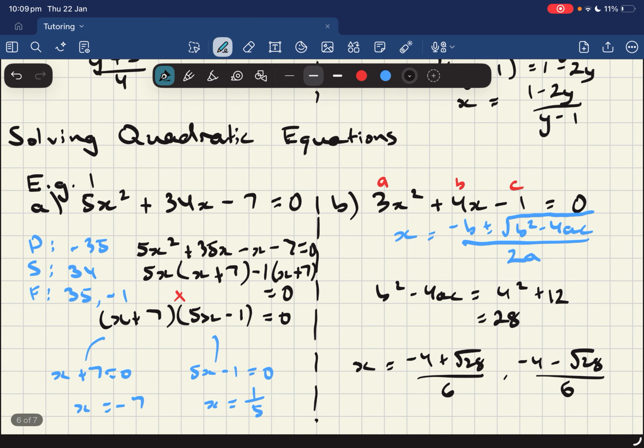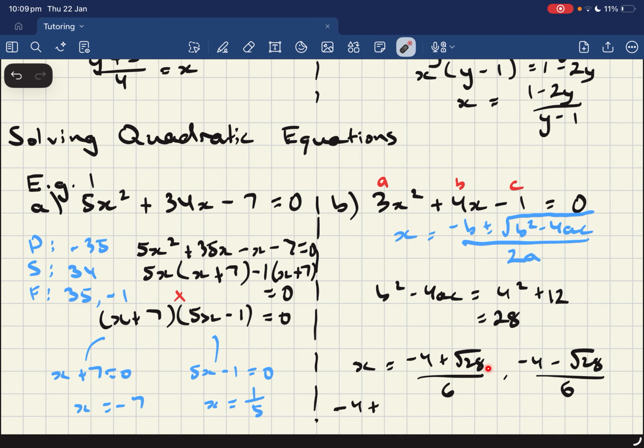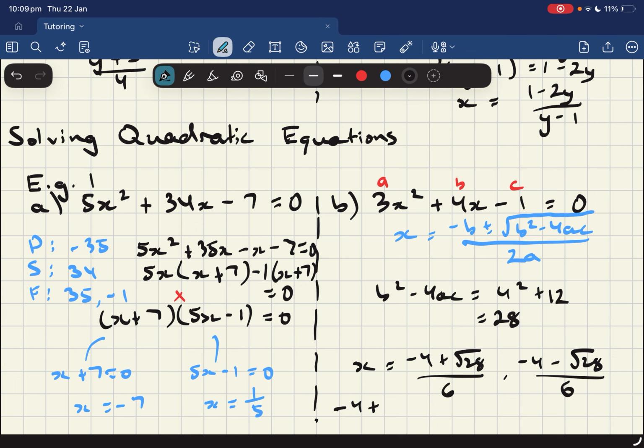Now we can actually simplify this further with our simplification of surds. So in this root 28, I can pull out 4 and simplify this surd. So I get minus 4 plus, and I'm going to split this root 28 up into root 4 times root 7. Now the square root of 4 is just 2, so I can write this as 2 root 7 over 6, and the same thing on the other one. So minus 4 minus 2 root 7 over 6.